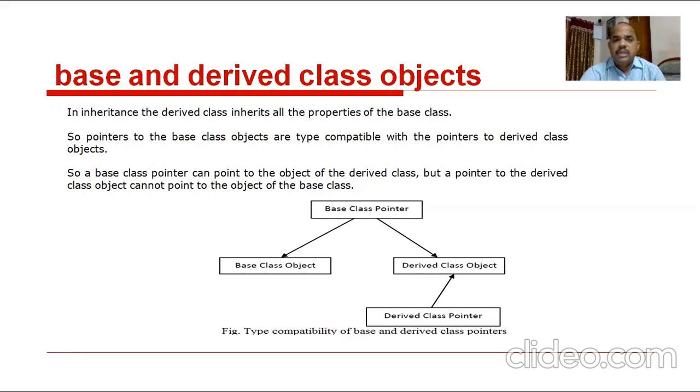A base class pointer can point to the object of the derived class, but a pointer to the derived class object cannot point to the object of the base class. Remember, all of you, the reverse is not supported.